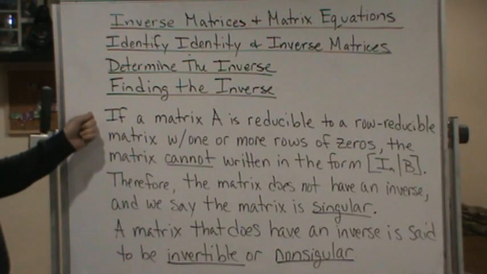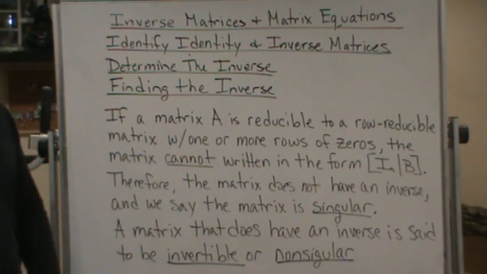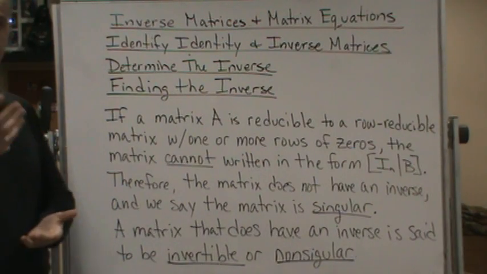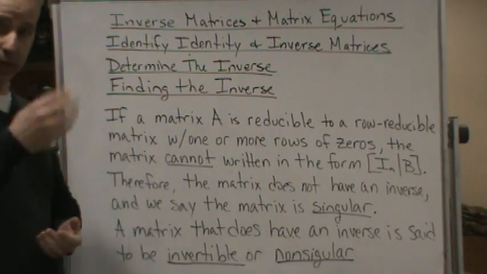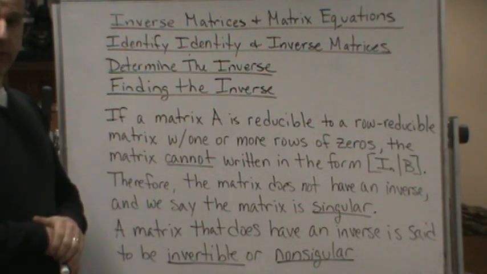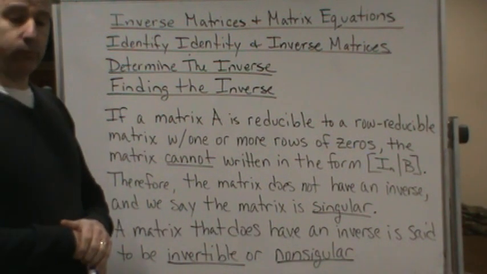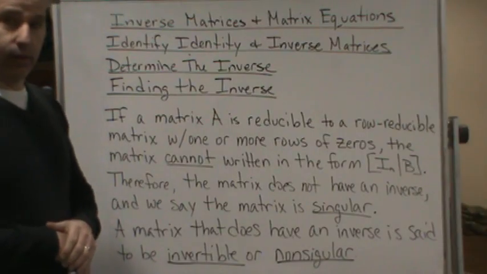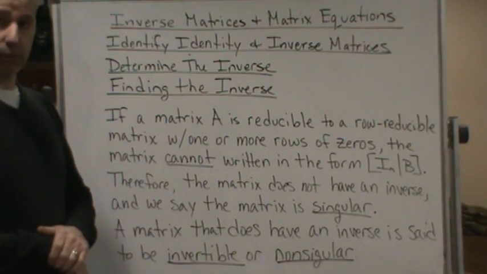It says if a matrix A is reducible. What we mean by reducible is when we use those elementary row operations, we're reducing the system, the matrix, right?